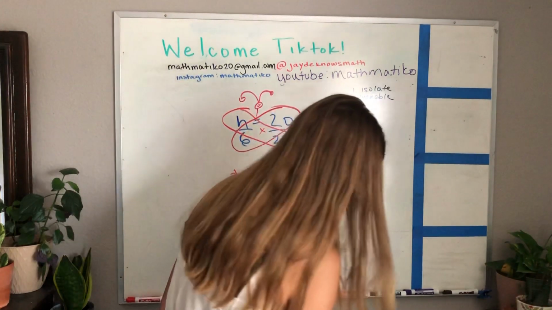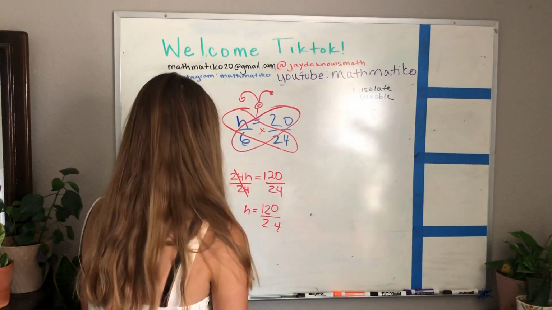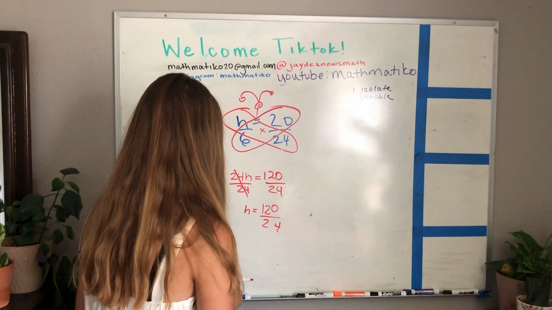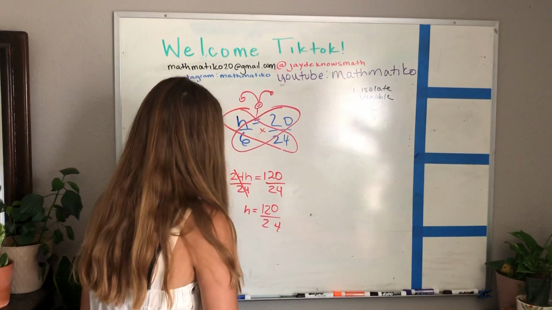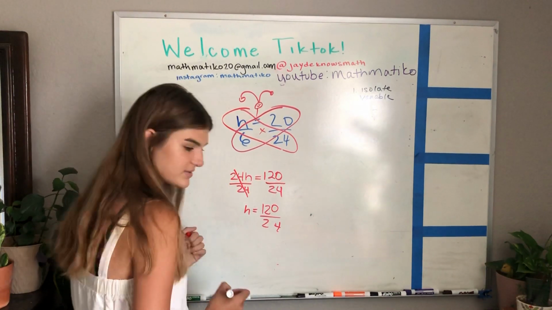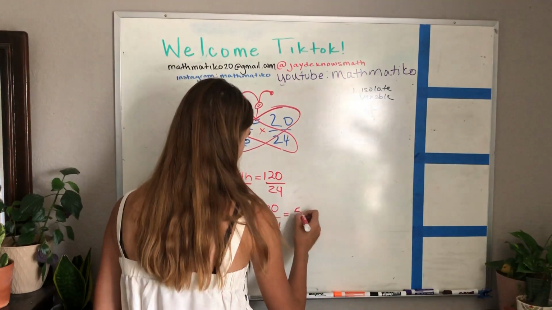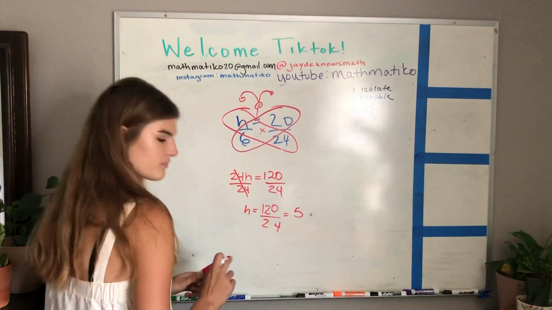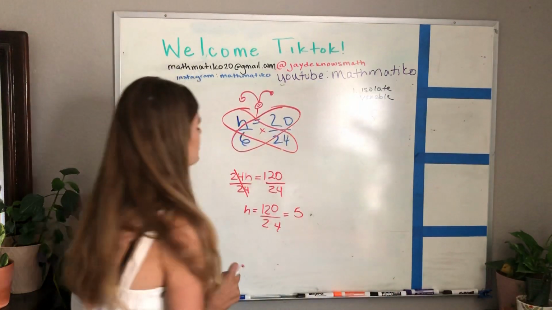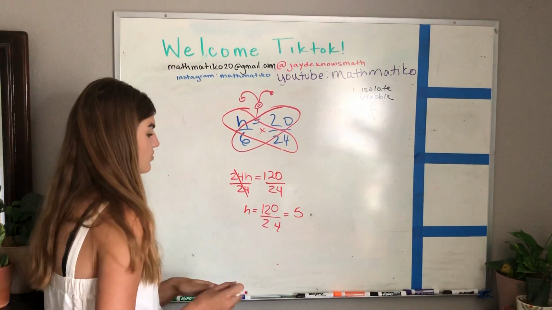All right, 120 over 24. What we can do is reduce this down. I believe this is just 5. Did I say 5? Yeah, it is 5. 120 divided by 24.